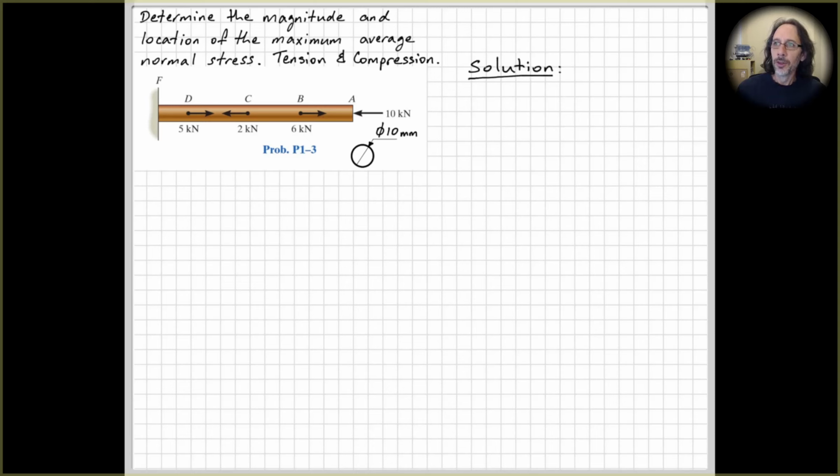So, solution: when we calculate stress, we in general take a cut through the section of the component somewhere.